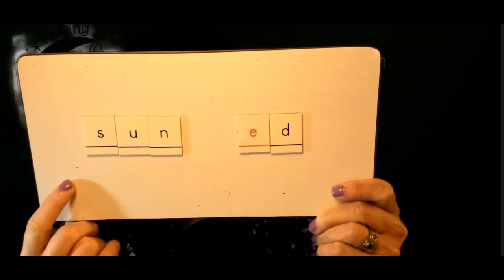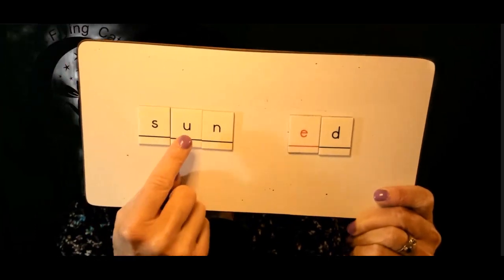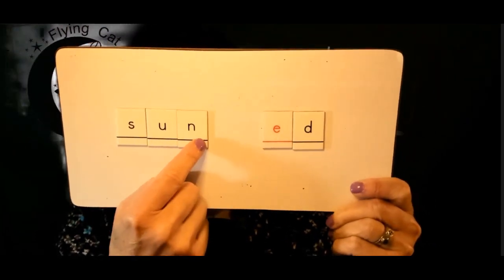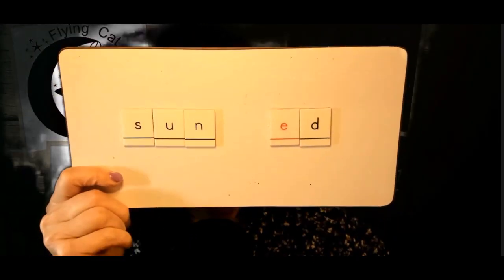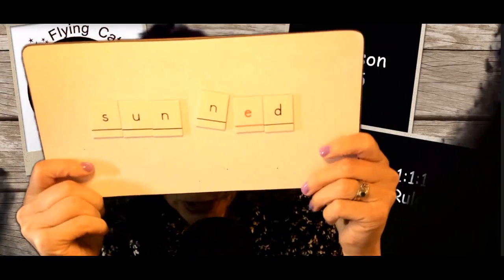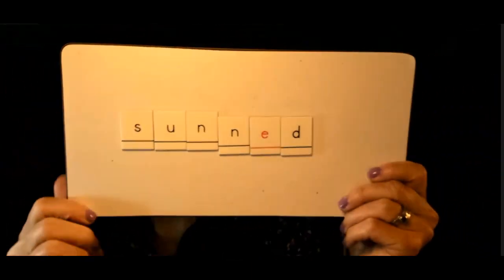I ask myself, is this a one-syllable base? Yes, it is. Is there one short vowel followed by only one consonant? That is all true. So in this case, if I wanted to spell sunned, I would have to double the N. And that's how you spell sunned. The cat sunned on the roof.